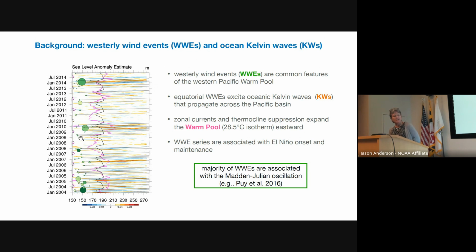All of these yellow circles are centroids of westerly wind bursts, or westerly wind events. The shading in this diagram is sea surface height anomalies, which pick out the Kelvin wave propagation, and you can draw a line from the center of each of these westerly wind bursts, and they often line up with an ocean Kelvin wave that has been forced.